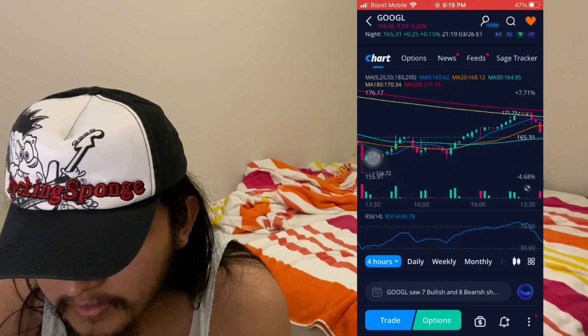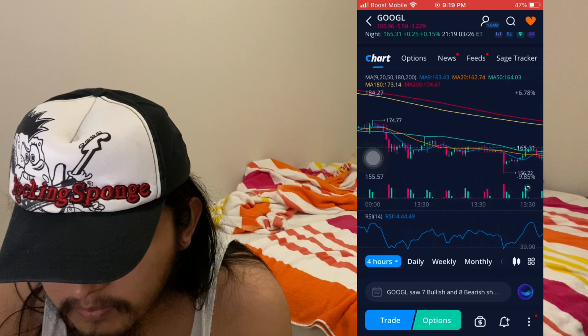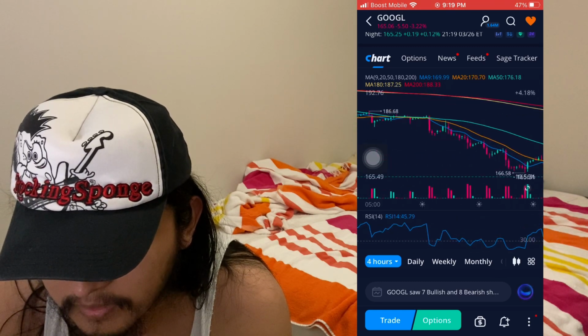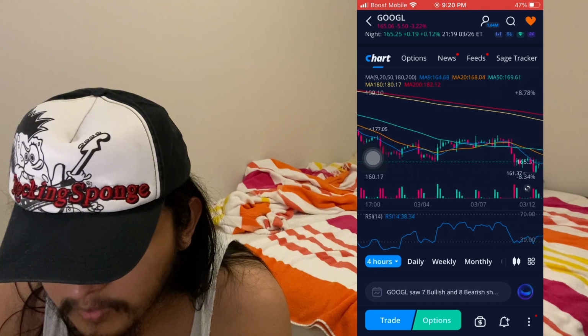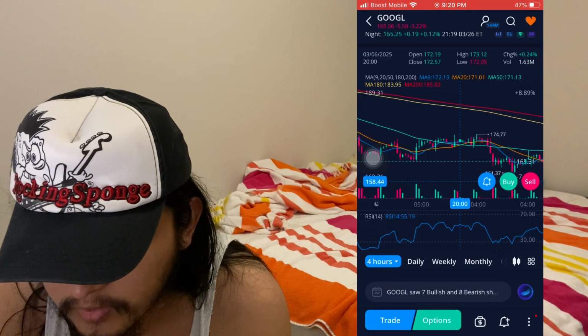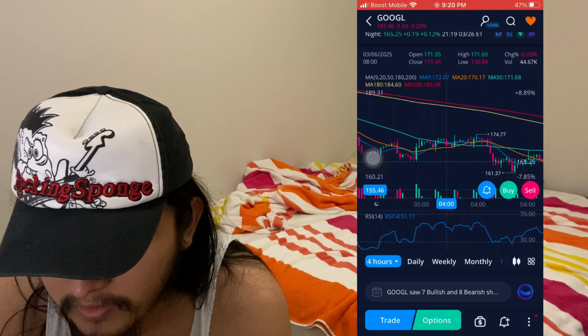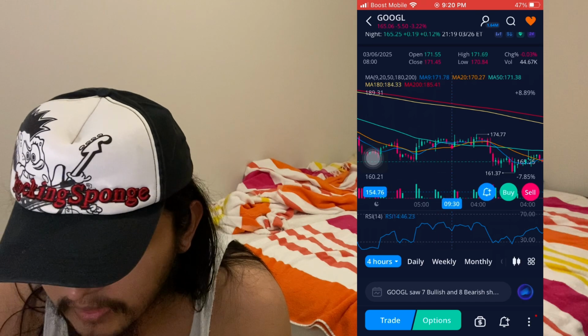So basically you could see that Google tried breaking the 50-day moving average here, it failed. Google tried breaking above the 50-day moving average like around here in March, right? It completely failed.